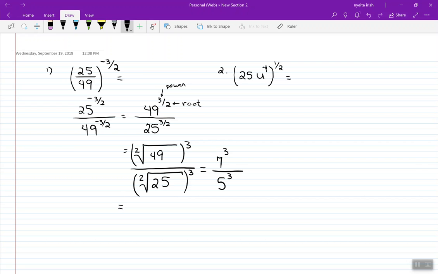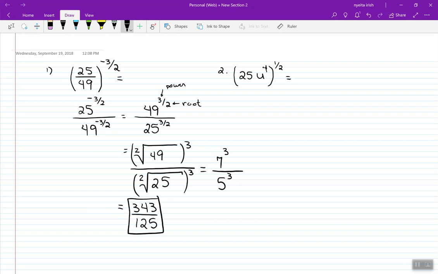All right, so 7 cubed, I believe that's 343, and 5 cubed, 125. And that's your final answer for that one.